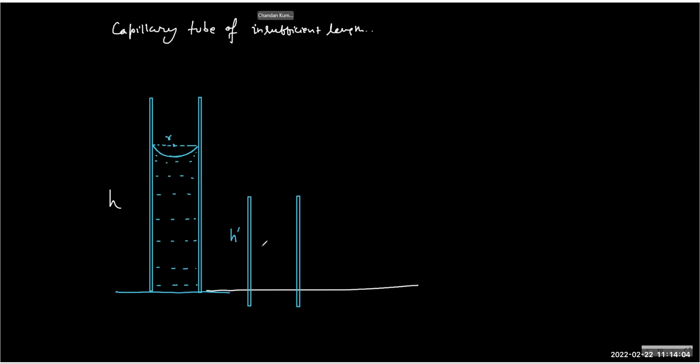If you have insufficient length, then what will happen now? Will the liquid come out of the tube, or will it do something else? What will happen? Any guess? The question is, will the liquid come out of the tube, or will it remain inside?